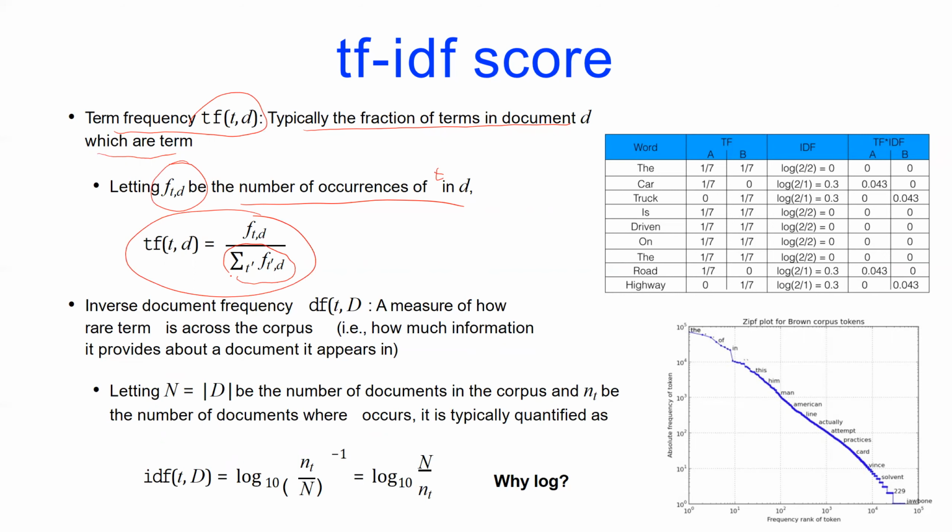This is pretty straightforward. Within a document d, the lowercase d is a piece of document, I count how many times a particular term appears. Then I do this for every other term, and sum the total frequency. Then I consider the fraction for the particular term t. So it's a kind of normalized frequency, if you want to think about it that way.